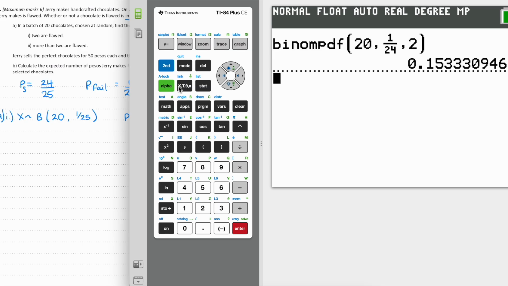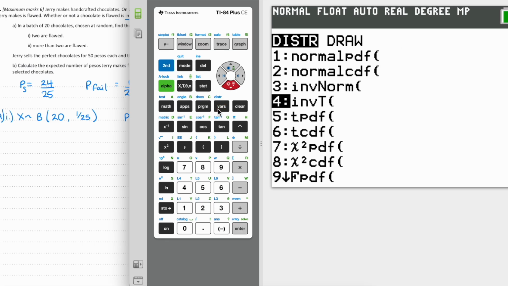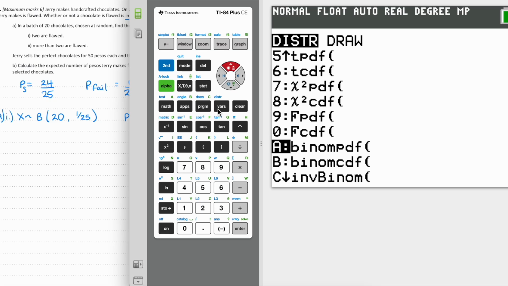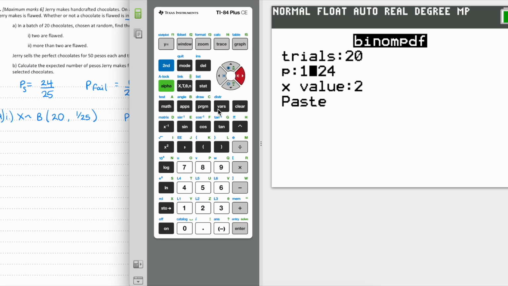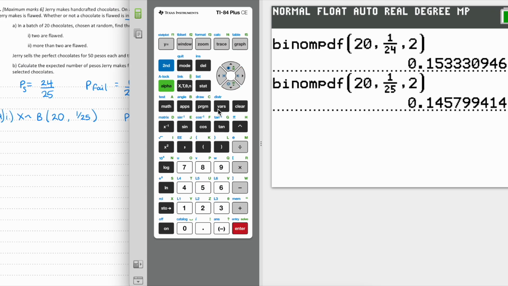And we can see there that we have 0.153. Oops, it's 1 over 25, sorry. So this should be 1 over 25. So we can see there that we have, to 3 significant figures, 0.146.